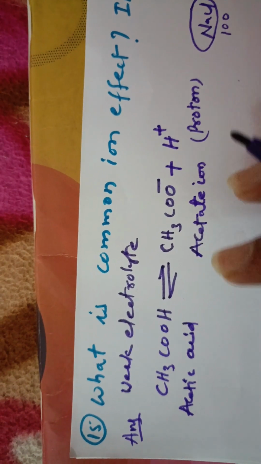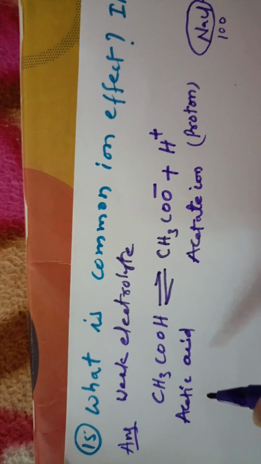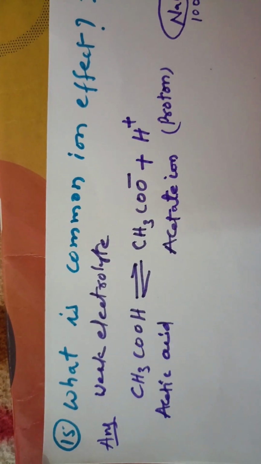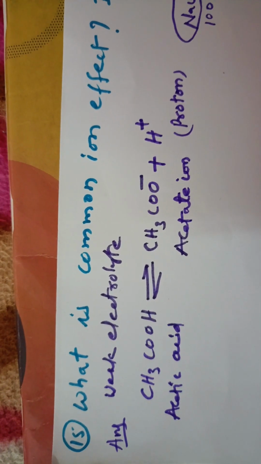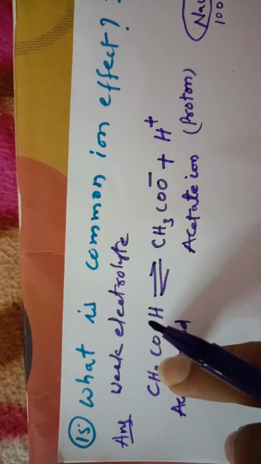Now I am writing an example, then you can understand easily. I am taking one strong electrolyte which contains the common ion present in this weak electrolyte.